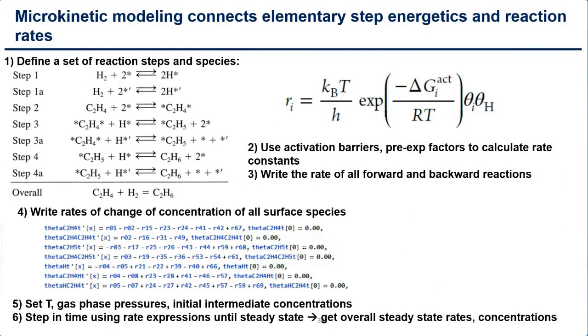And so we're going to use DFT calculated barriers for both the formation of the transition state and the adsorption energies in order to calculate the rates of individual steps. And in this microkinetic modeling, we're going to be able to converge upon steady state rates associated with the hydrogenation of ethylene over these trimer sites.